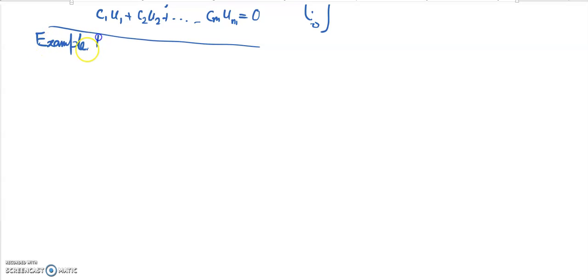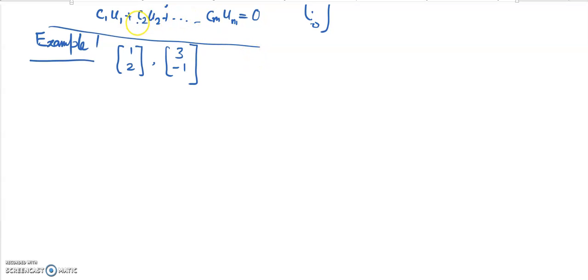Example 1. Suppose I have two vectors (1, 2) and (3, -1). I want to know whether these two vectors are linearly independent or not.